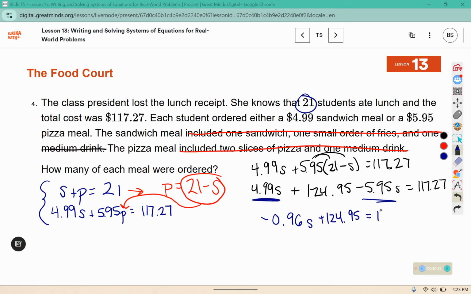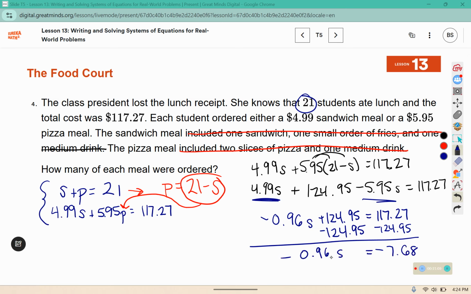So to solve for S, we divide both sides by negative 0.96. And that gives us S is 8. So the sandwich meals ordered were 8. If we plug it back into this equation here, 21 minus 8 will tell us the number of pizza meals ordered.